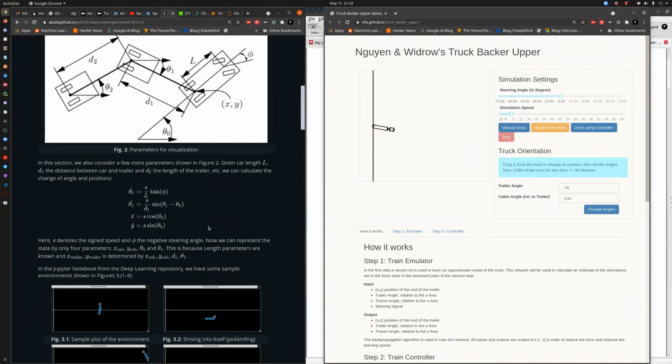So signal speed here represents, you can say, this kind of speed.